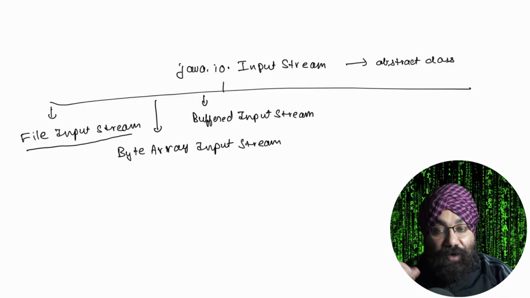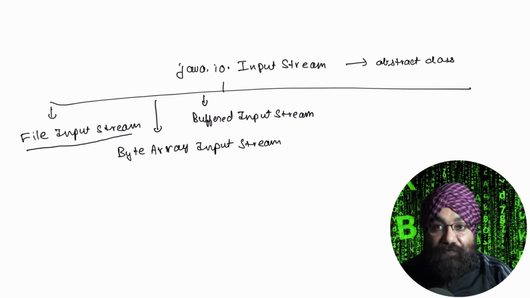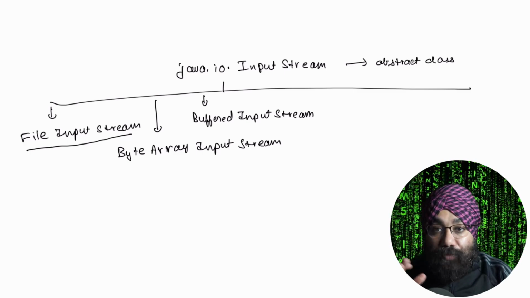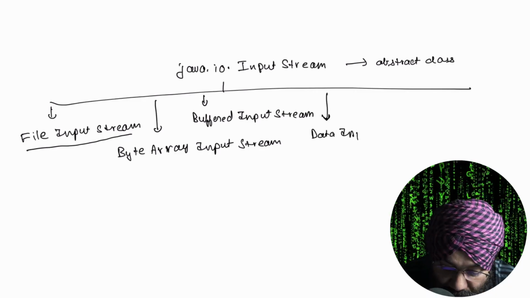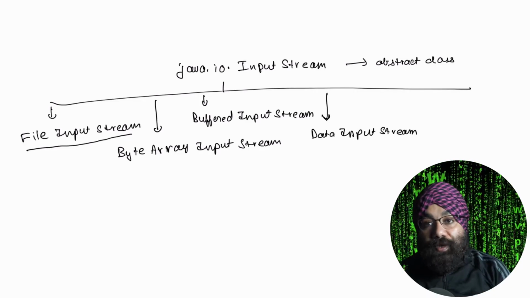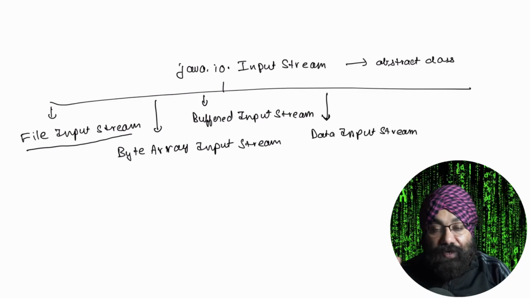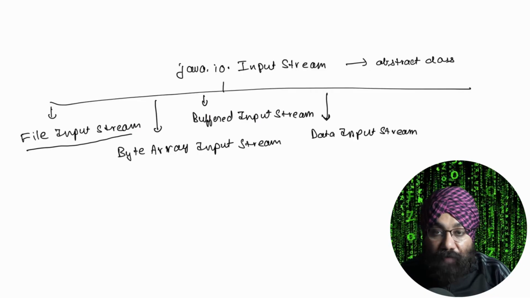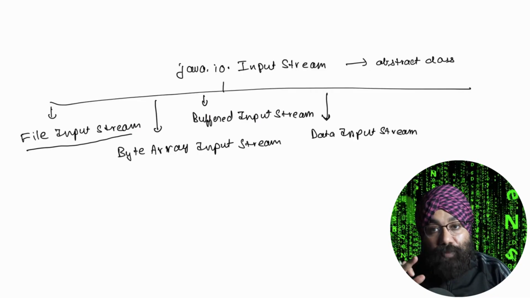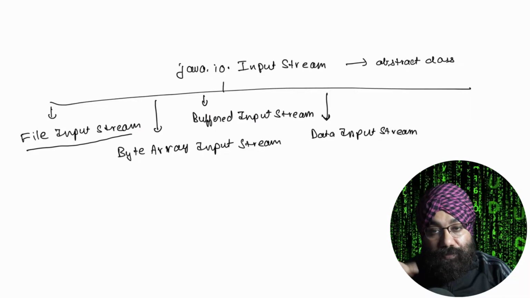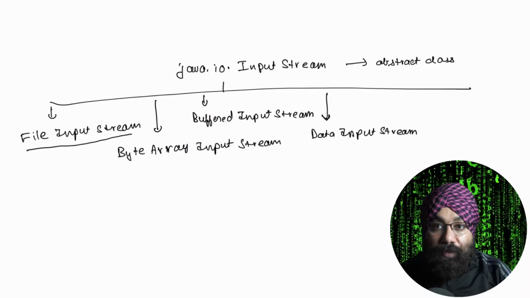It will buffer and read the file instead of reading the complete file at once, thereby improving your memory efficiency. Then there is DataInputStream. It is used for reading values of any primitive data type that we have defined in our Java program. If you don't remember what a primitive data type is, please watch the previous videos in the starting section, then you will be clear about that.